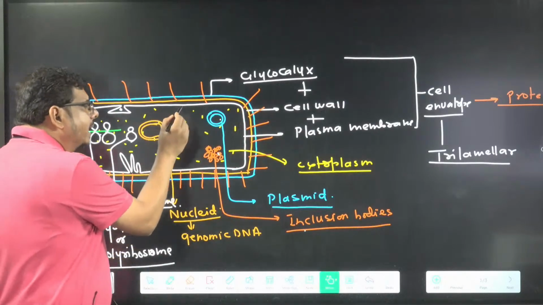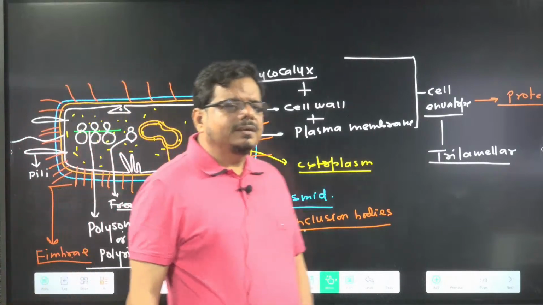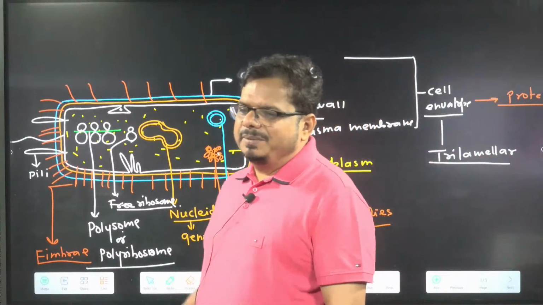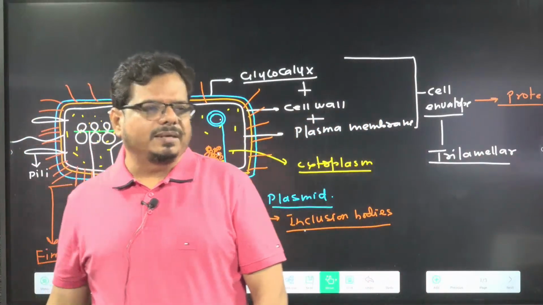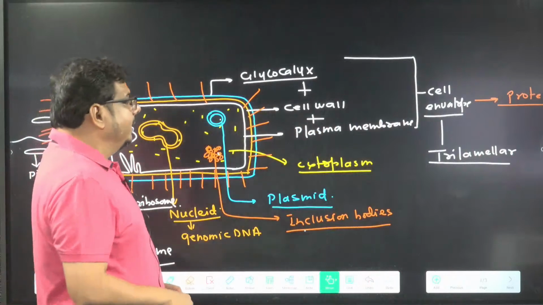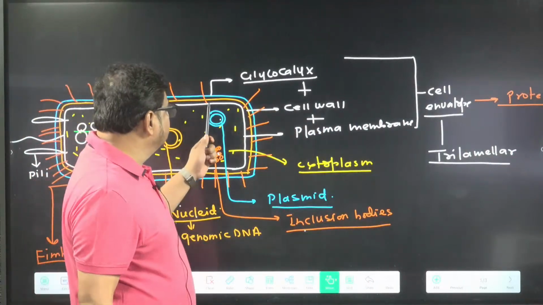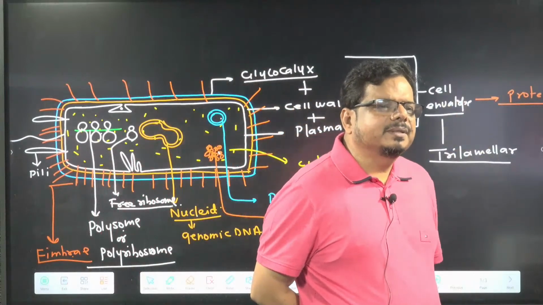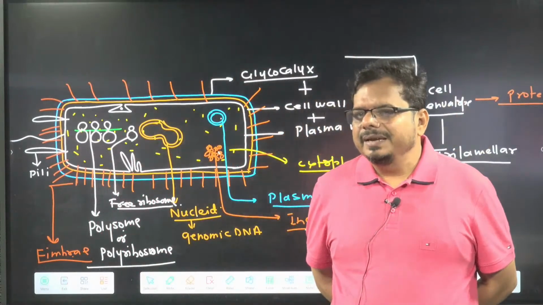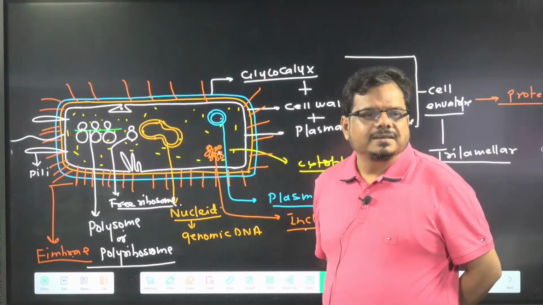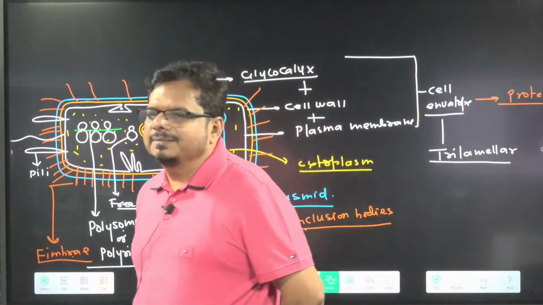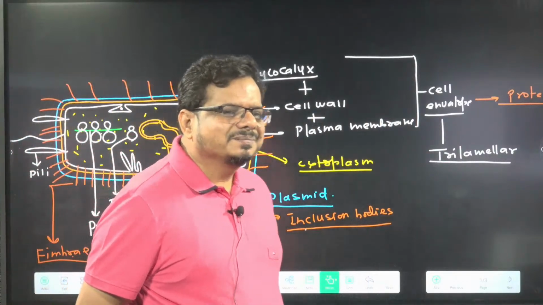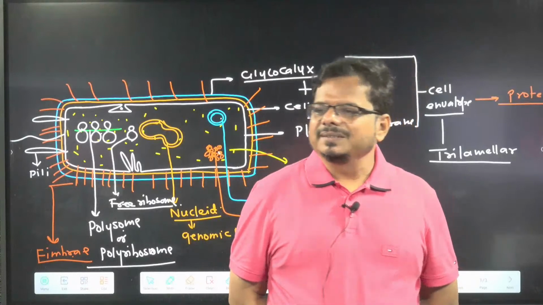Then why does the plasma membrane interact with the outer environment? NCERT also wrote that the plasma membrane interacts with the outer environment. A question arises: it is the innermost layer, the outermost ones should be the ones to interact. Can anybody answer why? Please try to answer. Pin your answer if you know it.